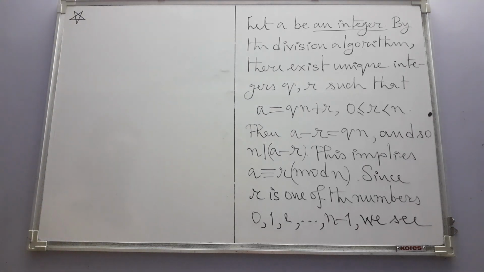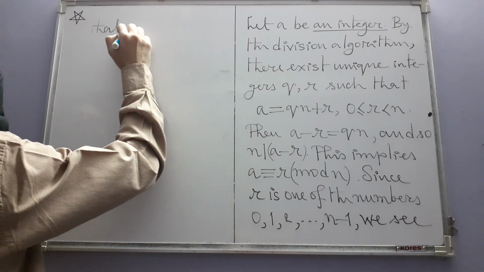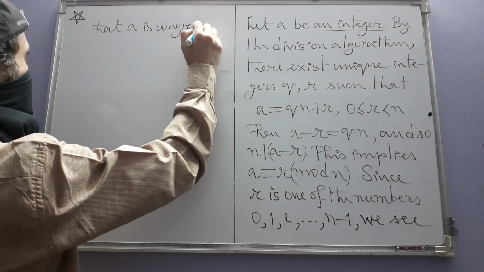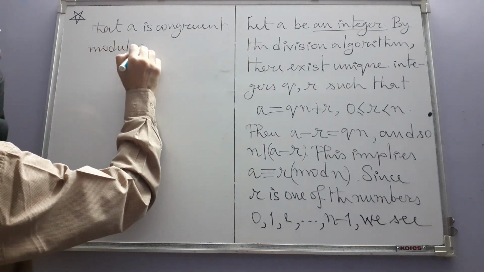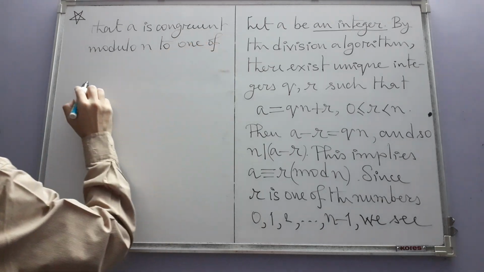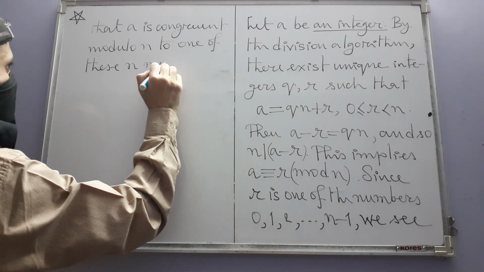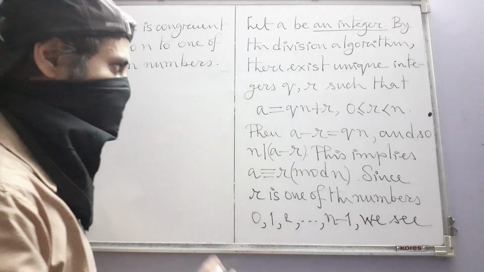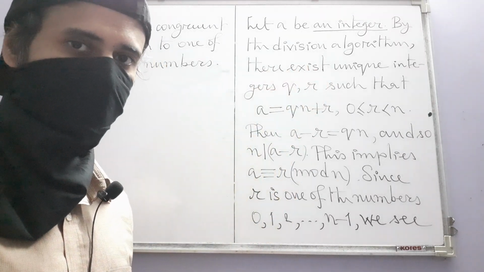In a sense, we see that A is congruent modulo n to one of these n numbers. Okay, so that is one observation that we see, which is a consequence of the division algorithm.